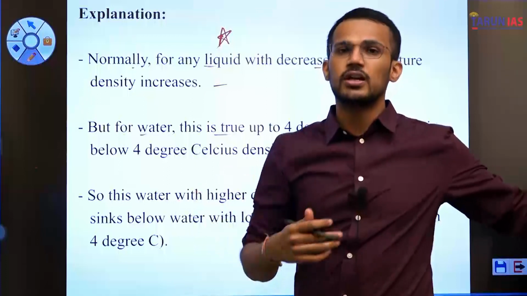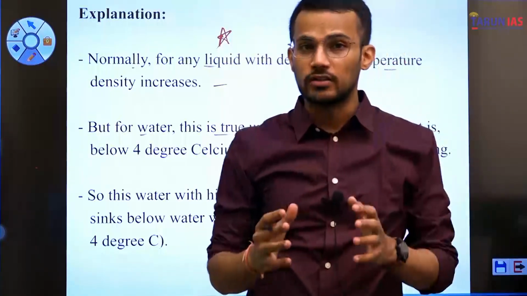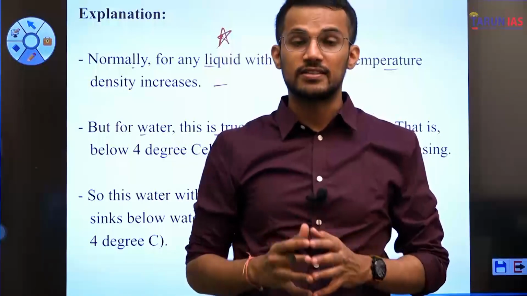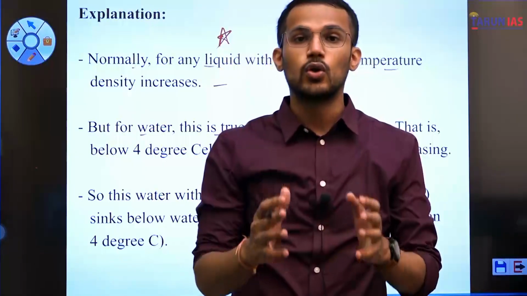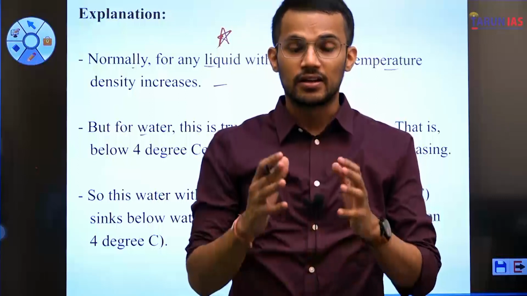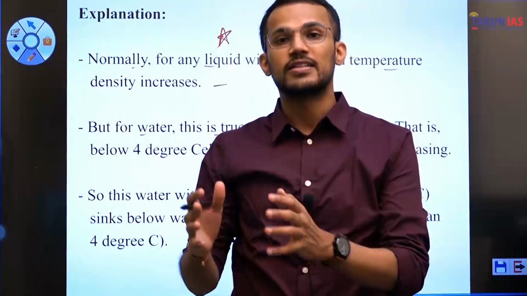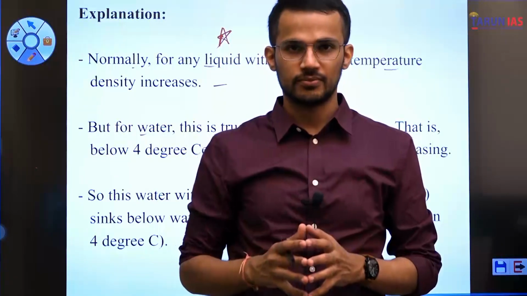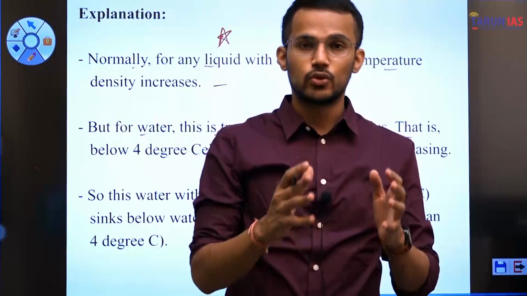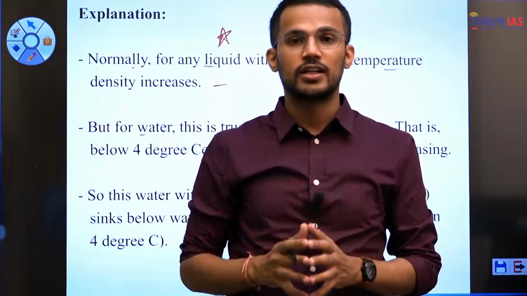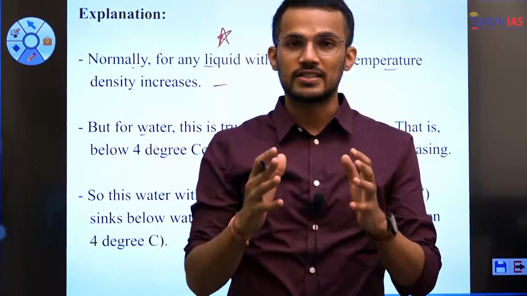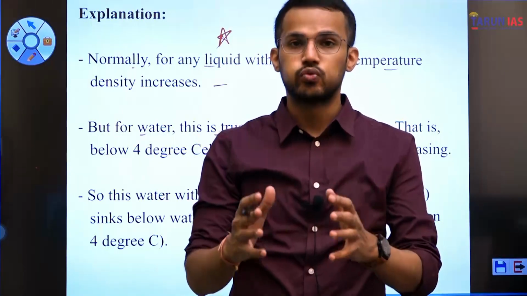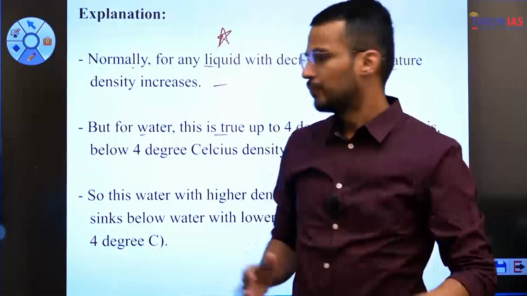That means if we try to cool down water below 4 degrees Celsius, then the density of water will not increase. Rather, it will again start decreasing. And this is one of the most important properties associated with density of water. Density of water is highest at 4 degrees Celsius, right?